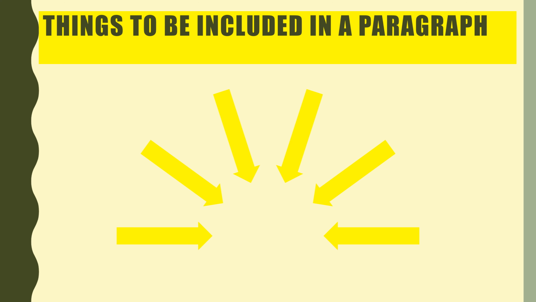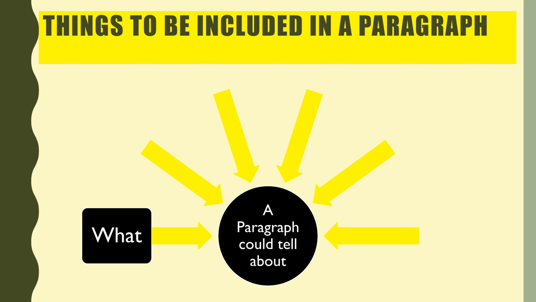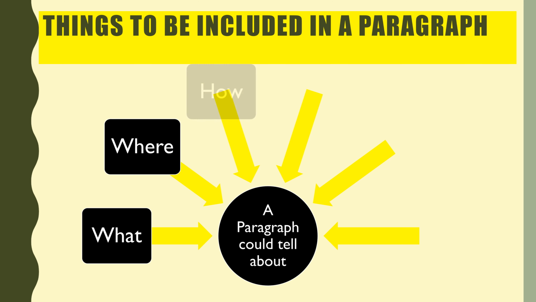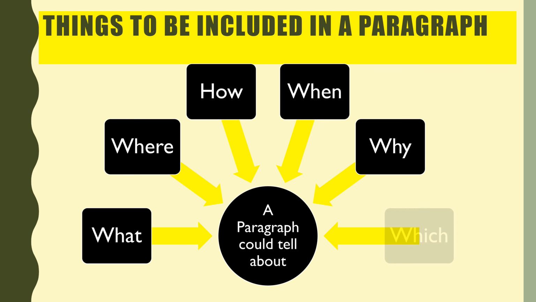What are the things which should be included in a paragraph? So a paragraph could tell about what, where, how, when, why, and which. When a paragraph is written, it must answer what this paragraph is all about. What is the topic?